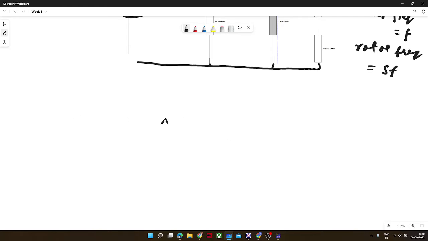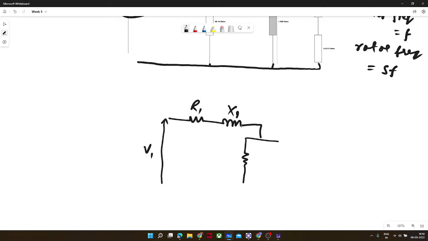Earlier, let's say V1 was there, R1, X1, stator leakage reactance is XL, and this is RC, core loss component of a stator.